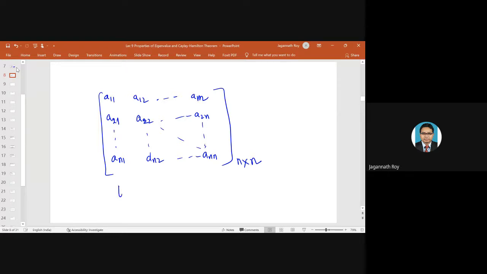We call this the trace of A, denoted by tr A, which is the summation of A11 plus A22 up to ANN, the main diagonal elements, or you can write summation of Aii, i equals 1 to n.